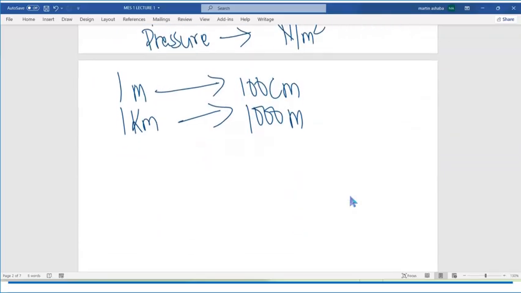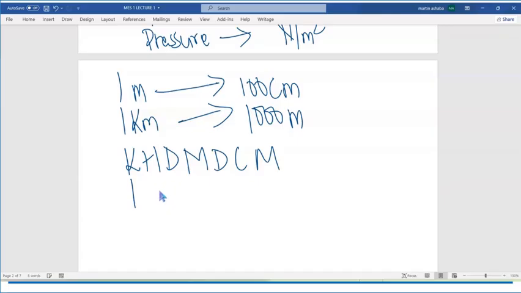So we always remember all of these figures by this kind of abbreviation. You can always see you have 1, 0, 0, 0, 0, 0, 0.